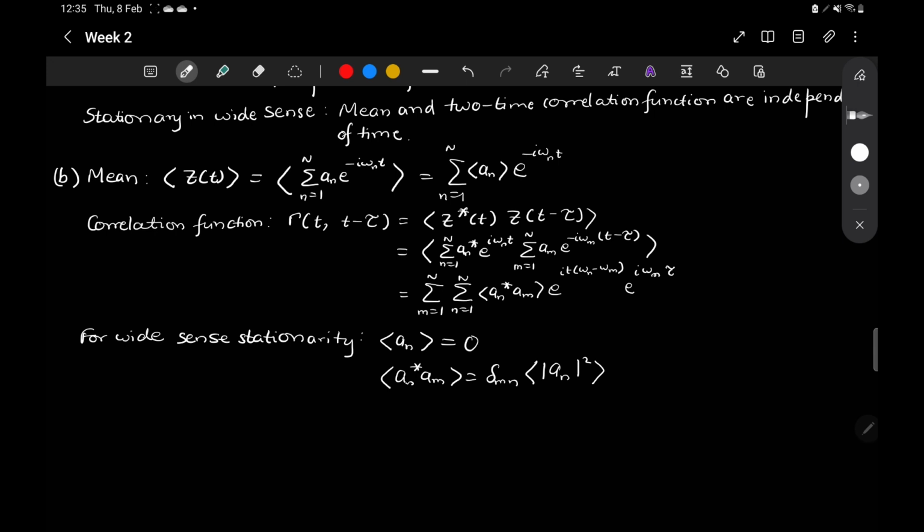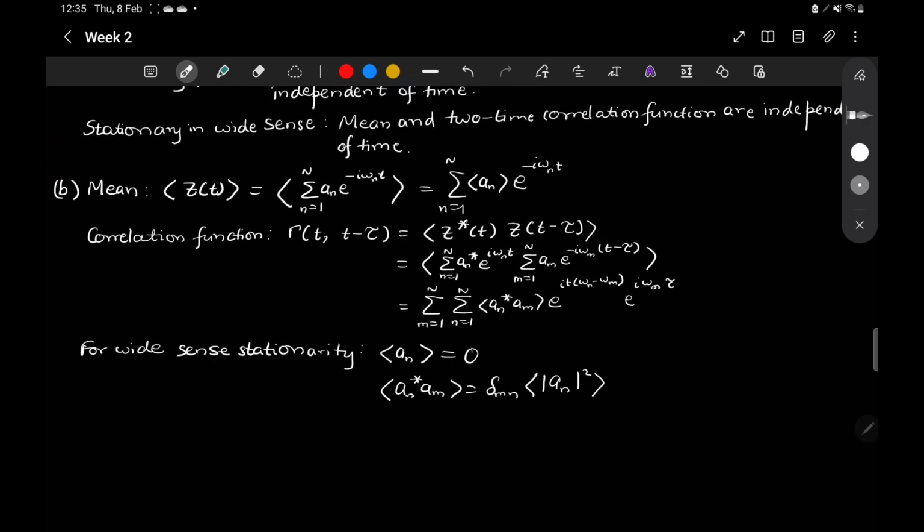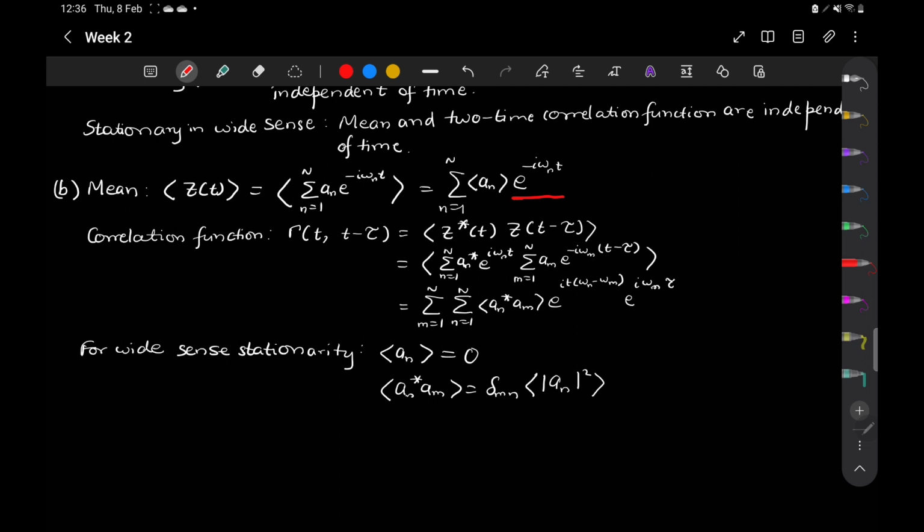And why we are selecting this is because in the expression for the mean, we have this time dependent term. So the only way that this process can be independent of time is when this term is 0. Similarly, in the correlation function, we have this term right here which depends on time, because tau is a fixed number, independent of time.